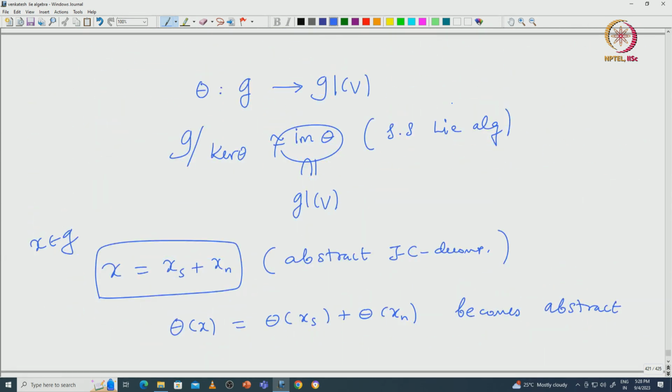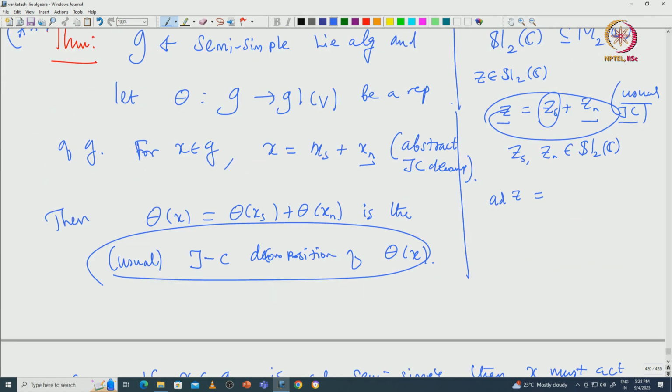If we start with the abstract Jordan decomposition of this x and then look at any representation of G acting on some finite dimensional vector space V, then if you take the image of this abstract Jordan decomposition, theta of x equal to theta of xs plus theta of xn, that must be the Jordan-Chevalley decomposition of theta of x in the usual sense.